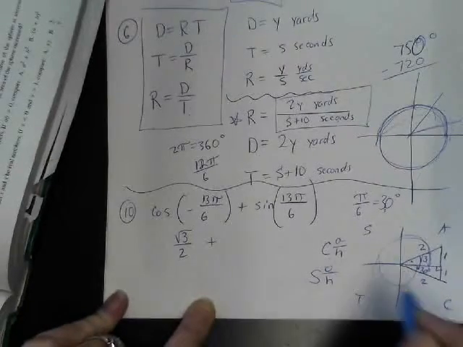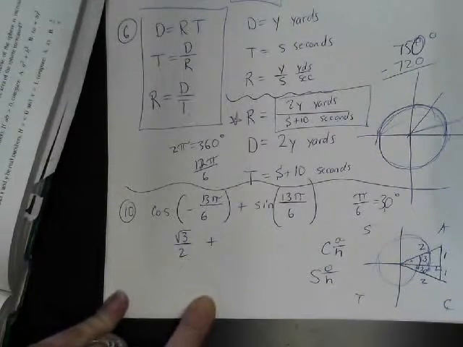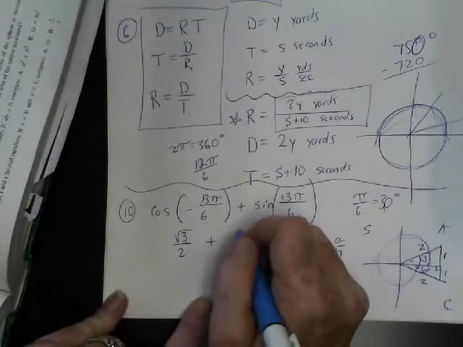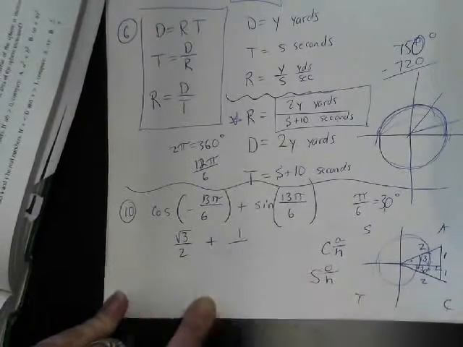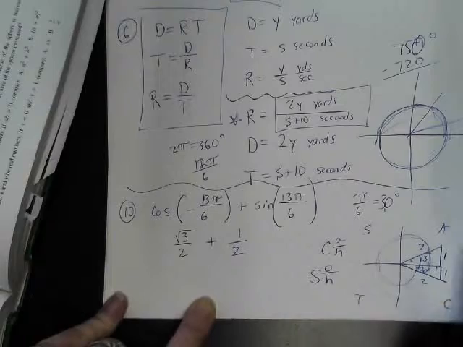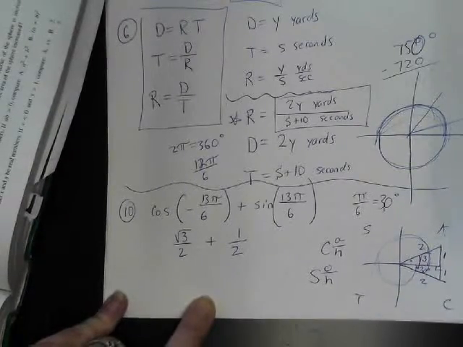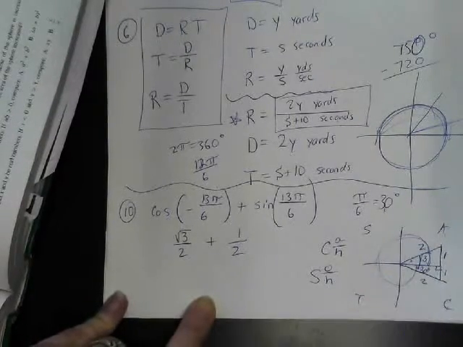Sine is the SOH of SOHCAHTOA, opposite over hypotenuse. So it's a half, isn't it? Is it positive or negative? It's positive because all of the trig functions are positive in quadrant 1.